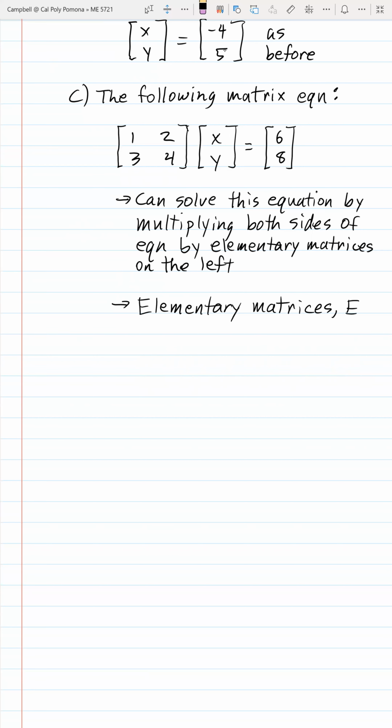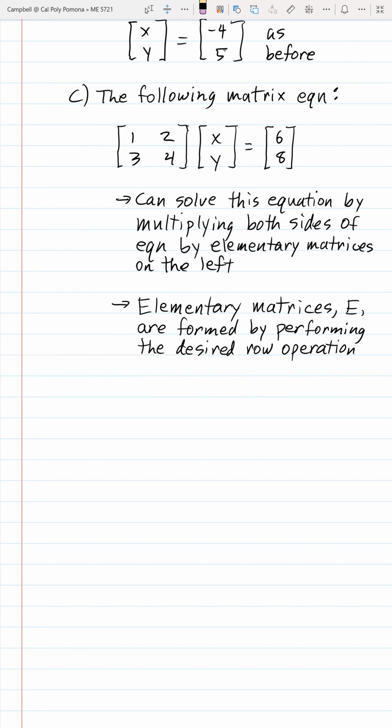And here I'll give them the symbol capital E, are formed simply by performing the desired row operation on the identity matrix. There we go. So we got this idea of the identity matrix coming into play here.